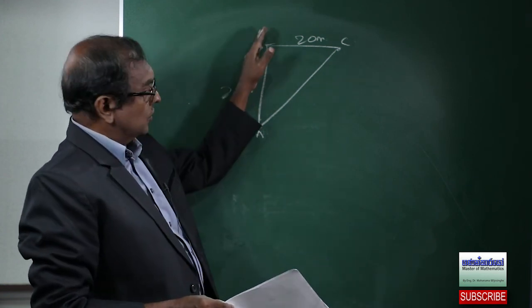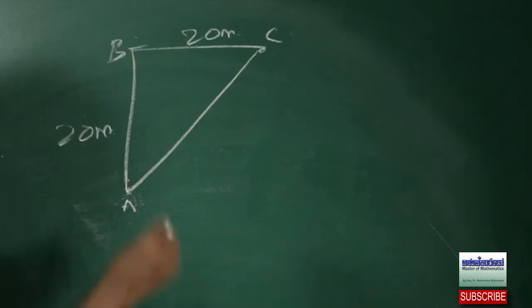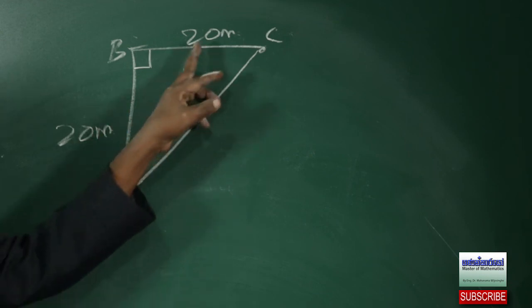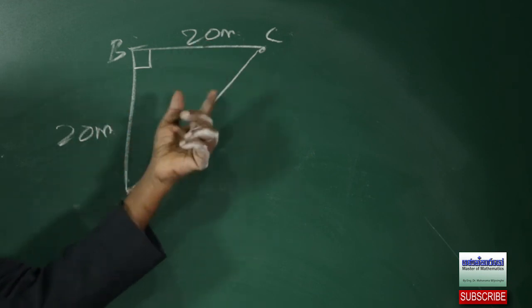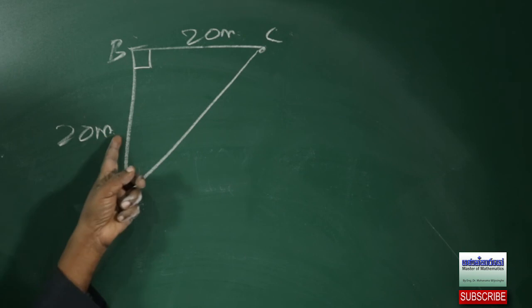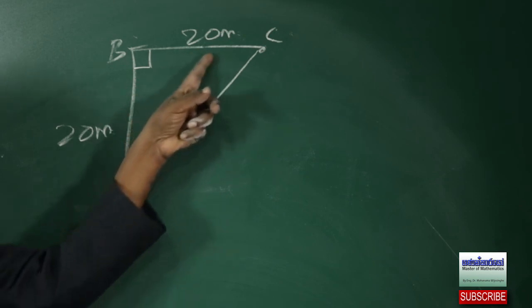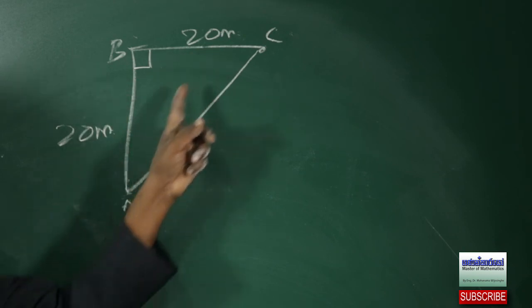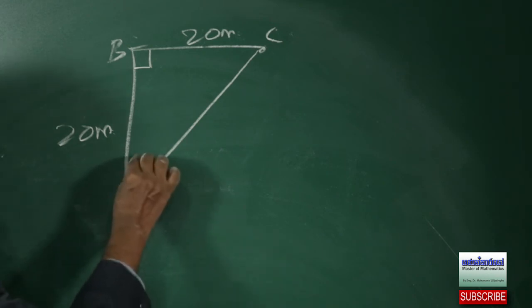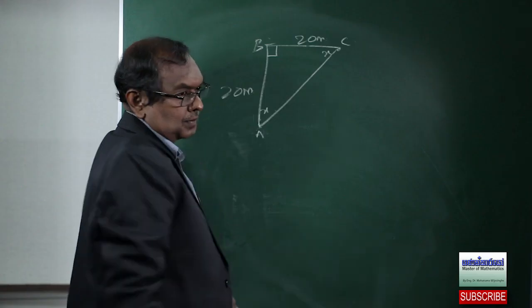He has gone north, then east, therefore this angle is 90 degrees. This is 20 meter, this is 20 meter. Therefore, since two sides are equal, the opposite angles should be equal. If it is x, this is also x.